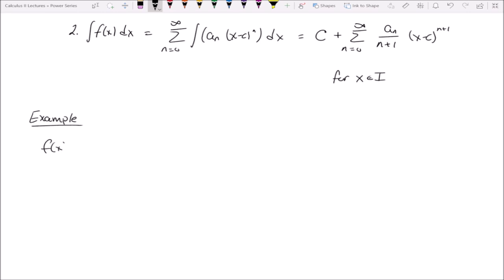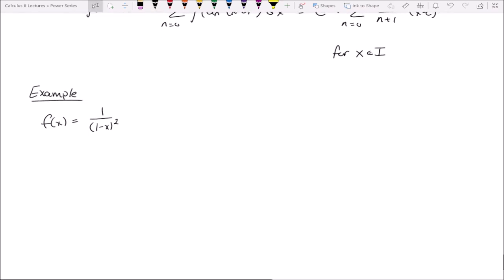We'll find a power series expansion for 1 over the quantity 1 minus x squared. We'll notice that 1 over 1 minus x squared is equal to the derivative of negative 1 over 1 minus x. No, it is positive 1 over 1 minus x.